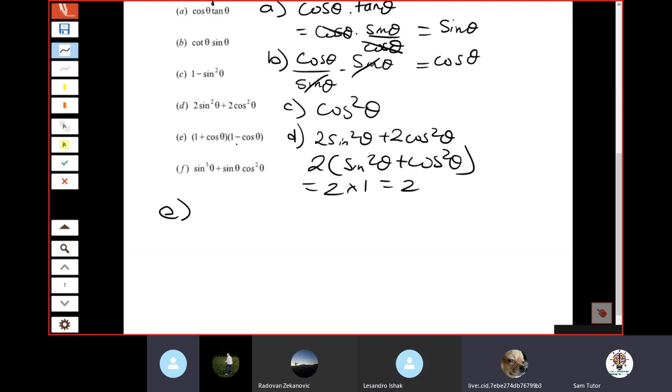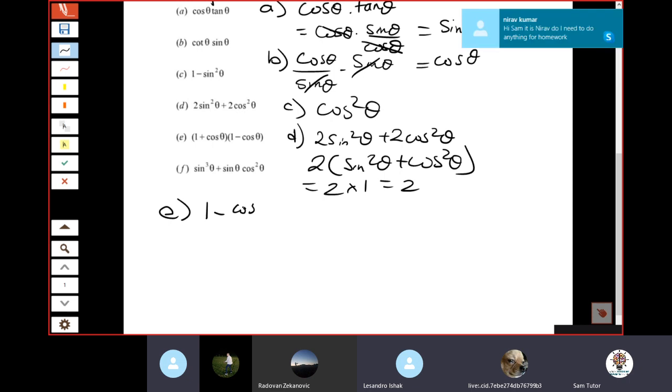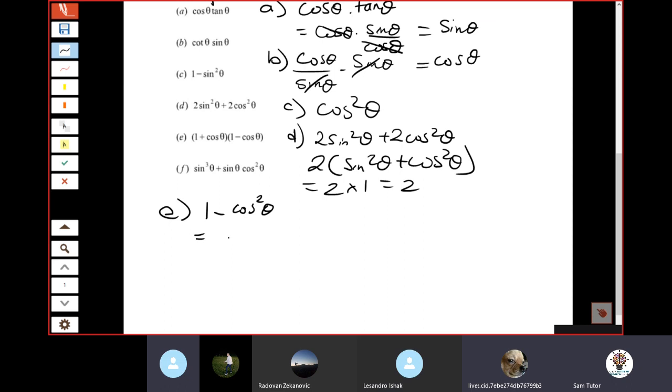Do you know what the answer is? It's 1 minus cos theta, but it can't just be cos theta, it's got to be squared. Isn't that the whole idea of difference of two squares? Beautiful. And then what does 1 minus cos squared theta equal to? Sine squared theta. Done.